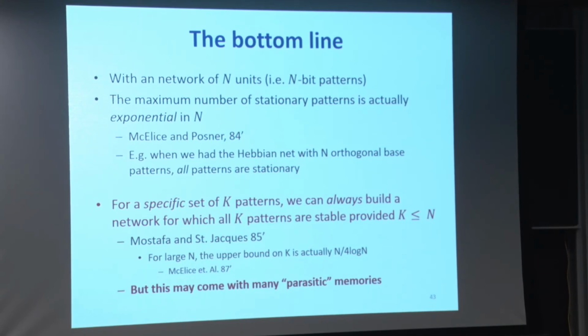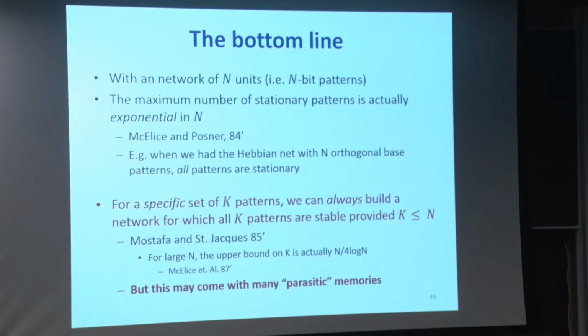It doesn't mean that you want all 2 raised to n patterns. It just meant that when you tried to store n patterns, you got a whole bunch more other patterns that were stationary. So for a specific set of k patterns, if you give me k patterns, I can always compose a network such that all k patterns are stable, provided k is less than or equal to n. This is a guarantee, right? It doesn't mean that only those k patterns are stable.